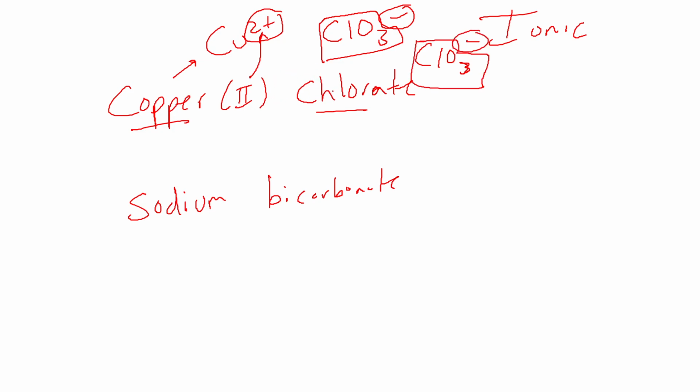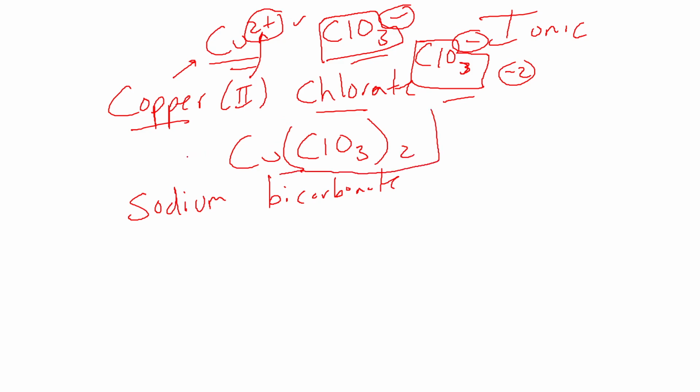That is a -1, -1 is a -2 to balance out the +2. We could count it up, 1 copper and 2 of our polyatomic ions, because we have more than 1, parentheses, 2 on the bottom. And we would have our correct charge here and formula.